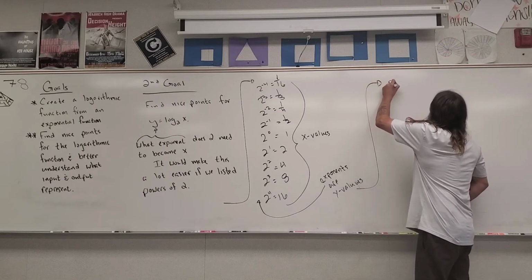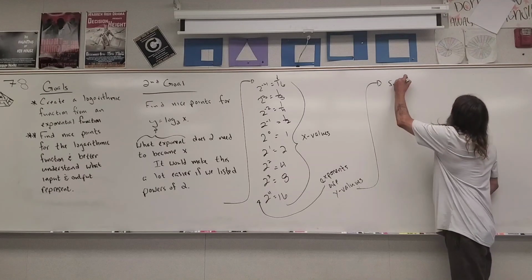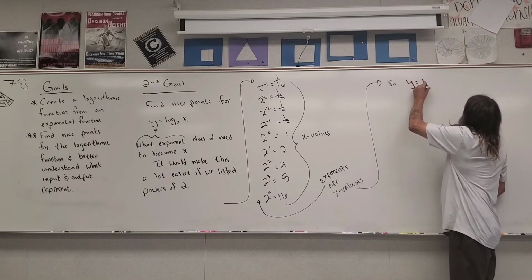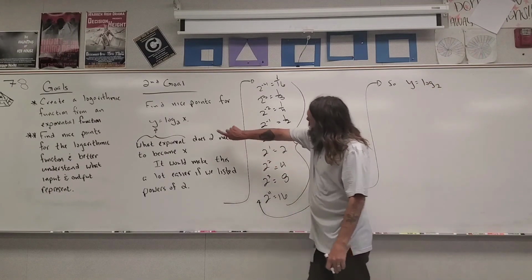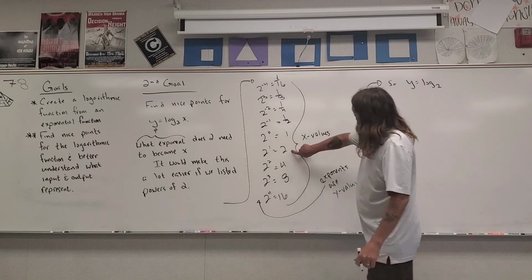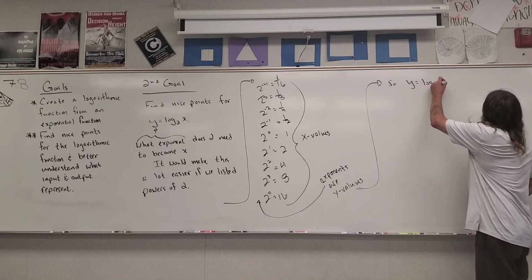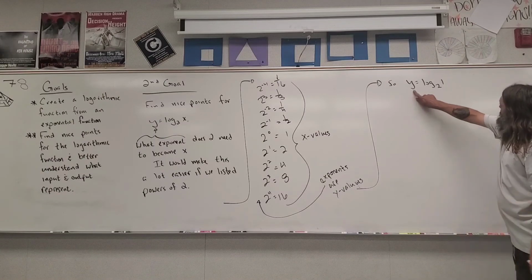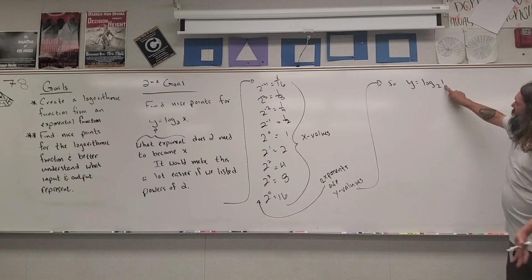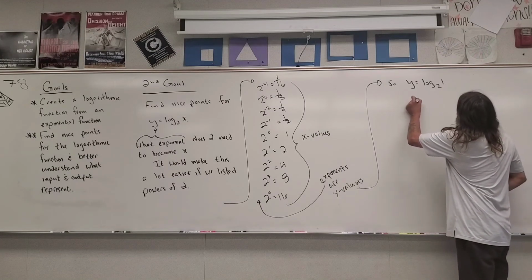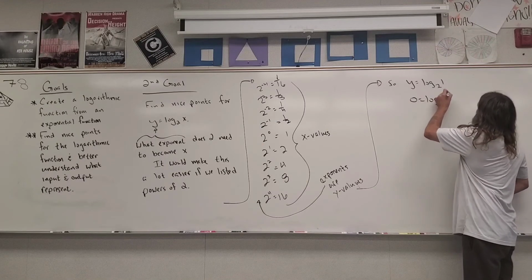So, let's start picking values, right? So if y equals log base 2, remember that this is my x, we'll go base 2 of 1. Y equals log base 2 of 1. That means the exponent that I need to turn 2 into 1 is 0. So 0 equals log base 2 of 1.